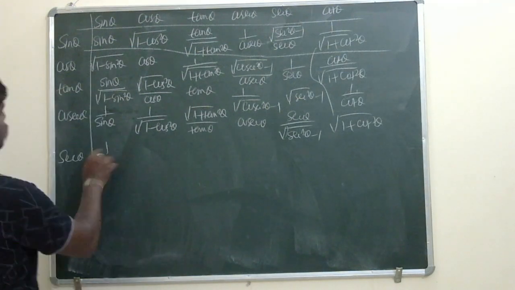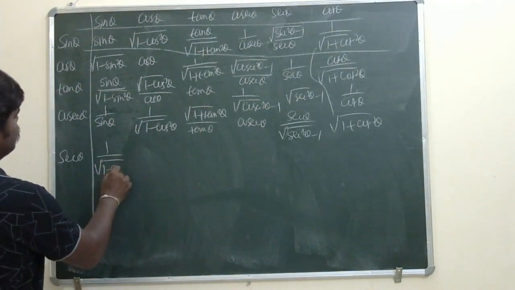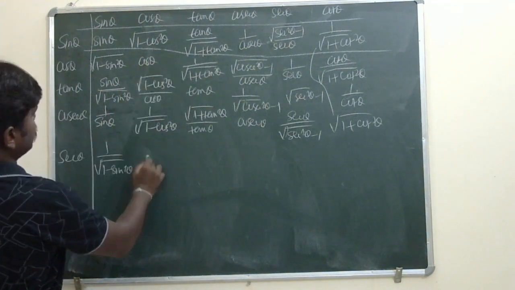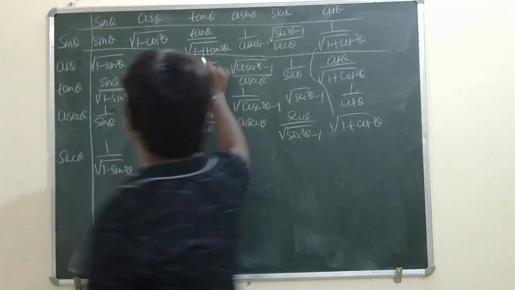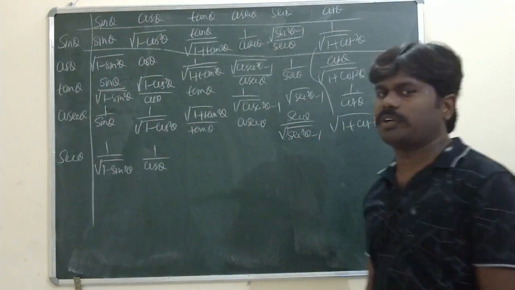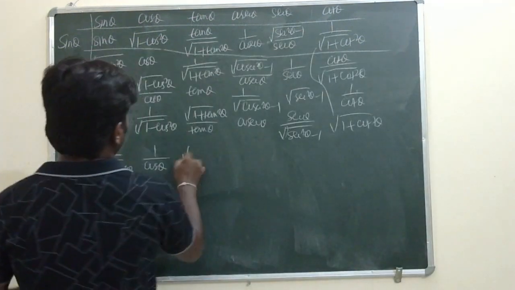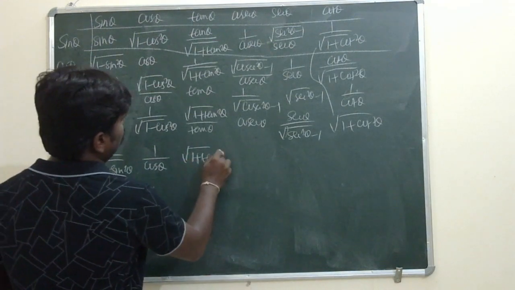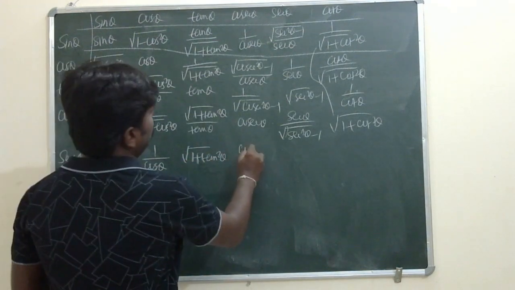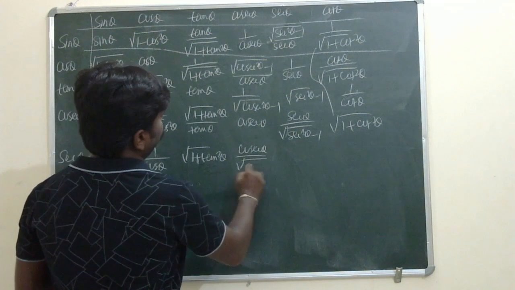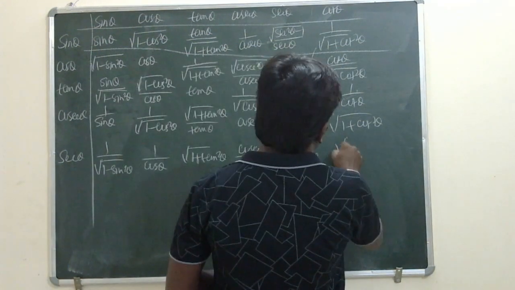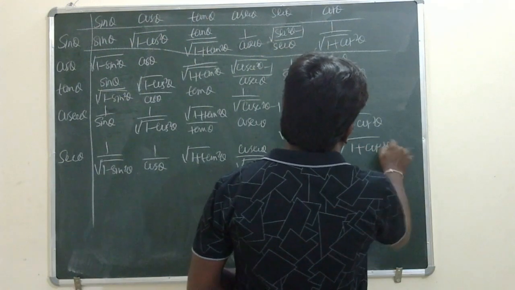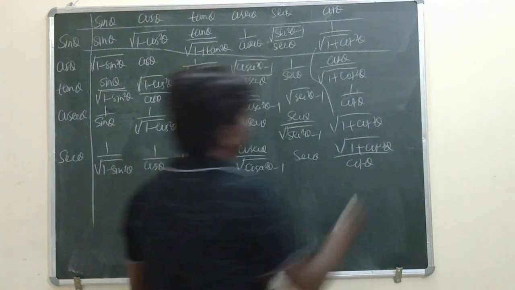So here 1 by square root of 1 minus sin square theta, and next 1 by cos theta. So here we have 1 by square root of 1 plus tan square theta, means here square root of 1 plus tan square theta, and here cosecant theta divided by square root of cosecant square theta minus 1, and here secant theta, and here square root of 1 plus cot square theta divided by cot theta.